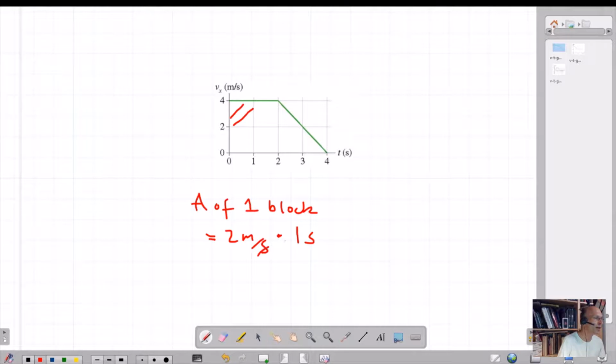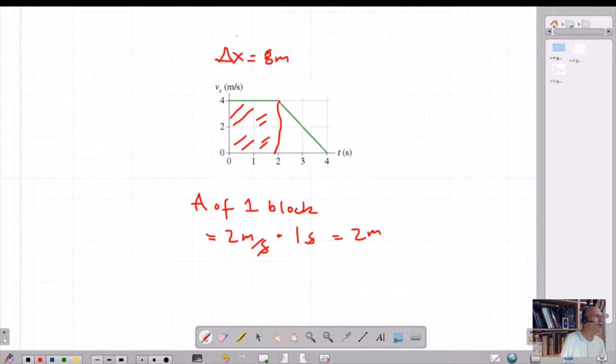The units divide out, they act just like variables, and we get 2 meters for each block. So then, if I look at the two sections of this graph, there are 4 blocks, so I can just see that delta x, displacement, equals the area, and that's 8 meters.